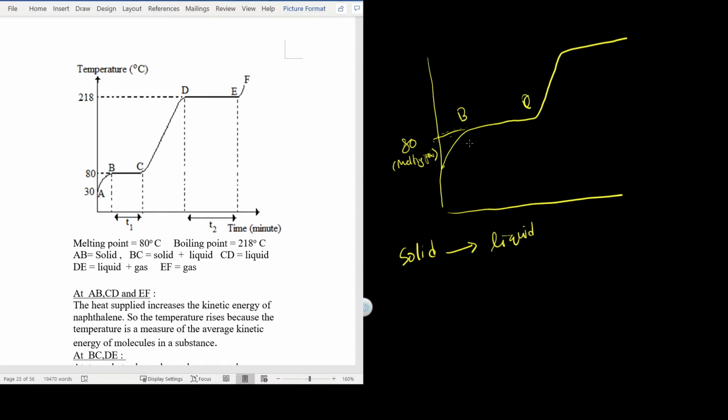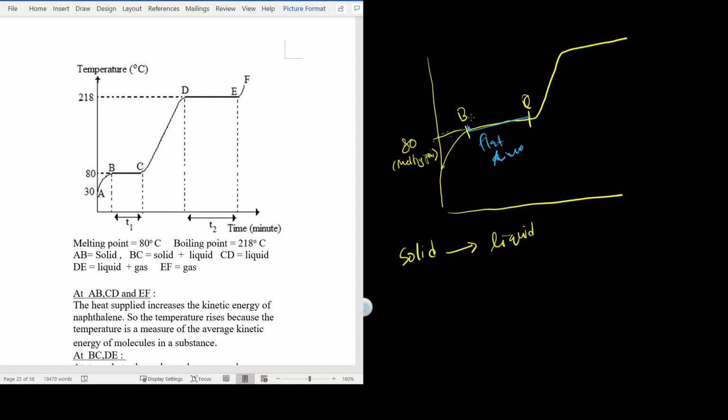And how can we identify this melting point? If we have a heating curve, first you must recognize this flat area, the flat line or horizontal line. What does it mean by horizontal line?